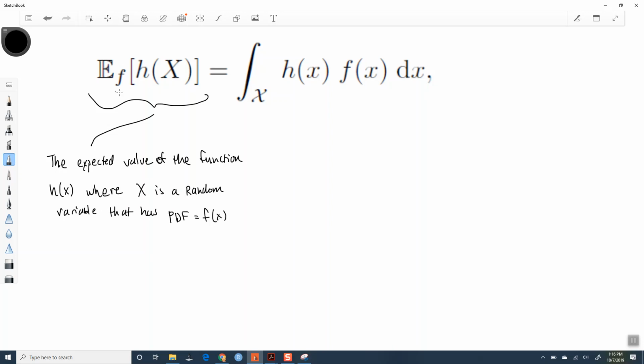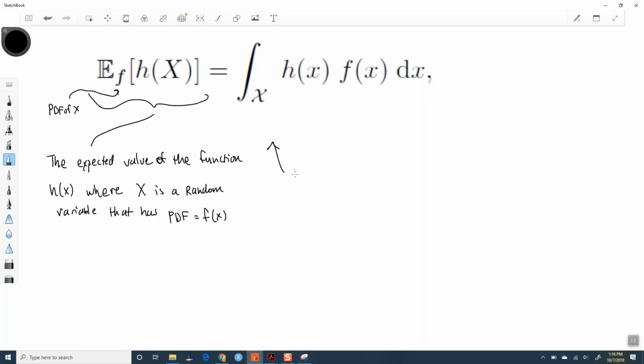This f defines the PDF of x. So when we see expected value over f of h of x, that's what it means. It's the expected value of this function h of x, whether that h of x is p, when we're just talking about the mean, or it's p squared or some other function.